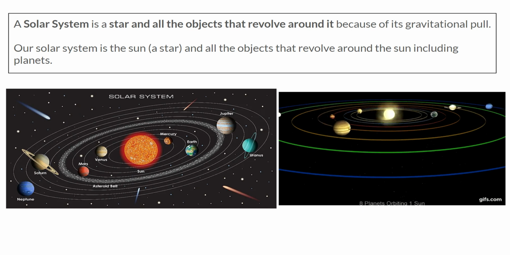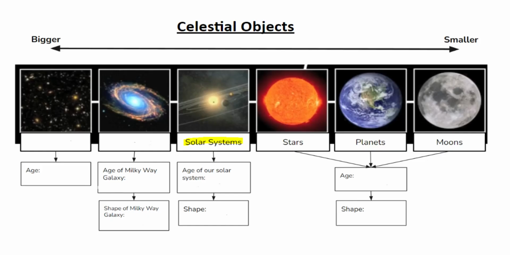If you have a star and planets or other objects revolving around it, then you have a solar system. And this is what our solar system looks like: our star, which is the sun, and everything that revolves around it. So go and write this down. Solar systems are bigger than stars, planets, and moons. And a solar system is a star and the planets and other objects revolving around that star.